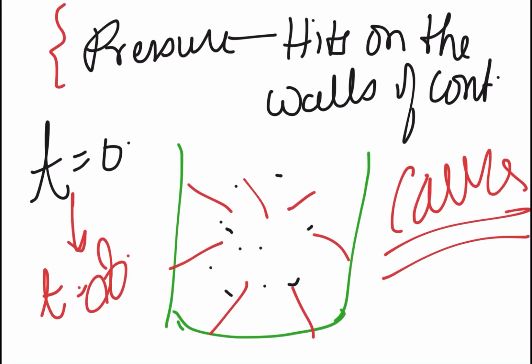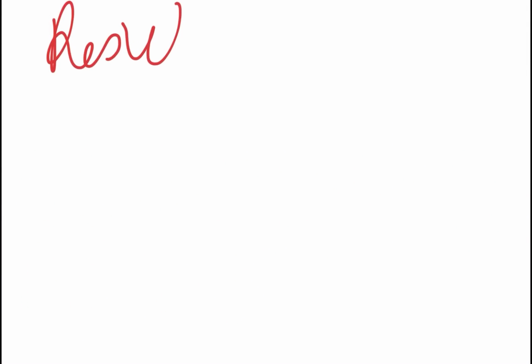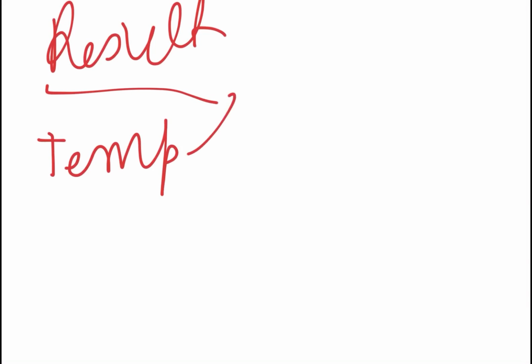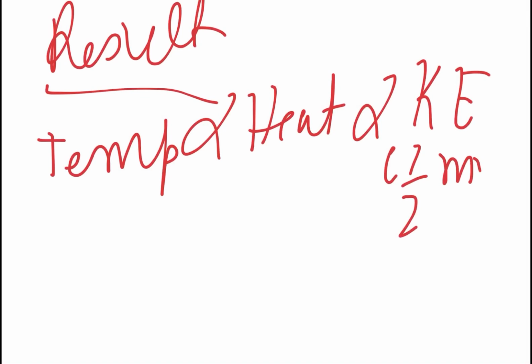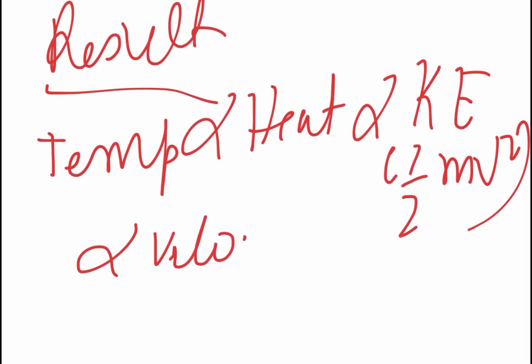So the conclusion here, or the result here, is that I am increasing the temperature, which is directly proportional to the heat supplied, which is directly proportional to the kinetic energy of the gas, which is formulated by half mv squared. The kinetic energy is directly proportional to the velocity of the gas, and this velocity is directly proportional to the hits.